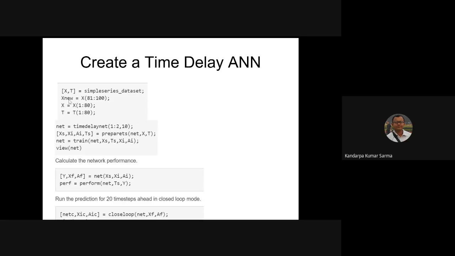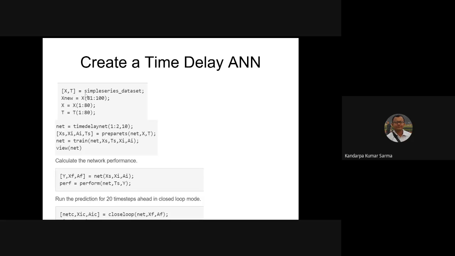that shall be used for doing the regression, or for doing the prediction separately. Now we first define a time delay structure with delays between 1 and 2 seconds. Then we have 10 neurons in the middle layer.